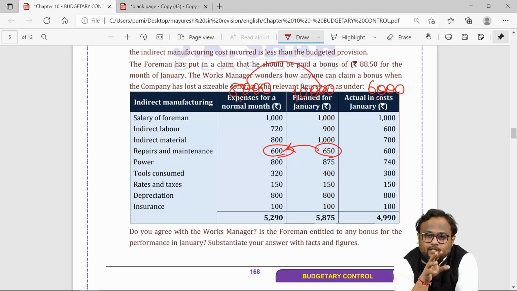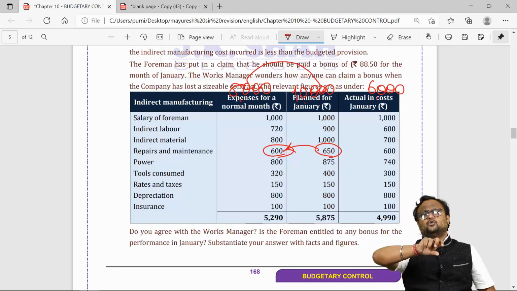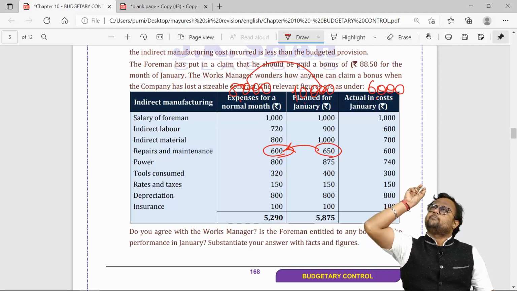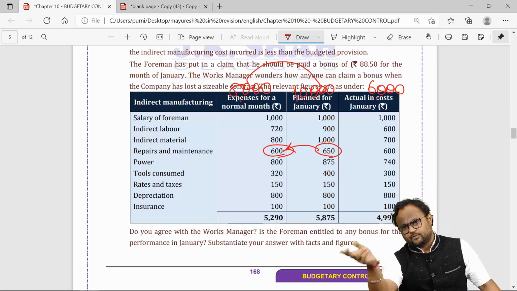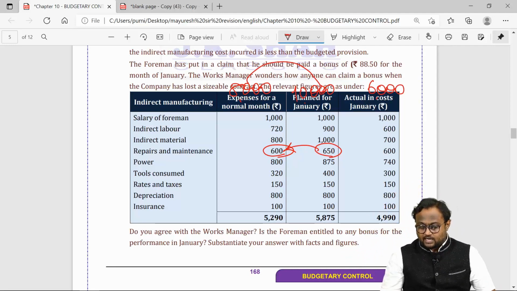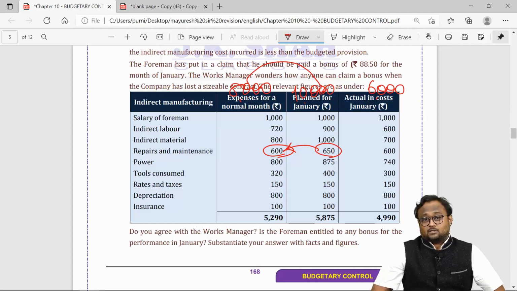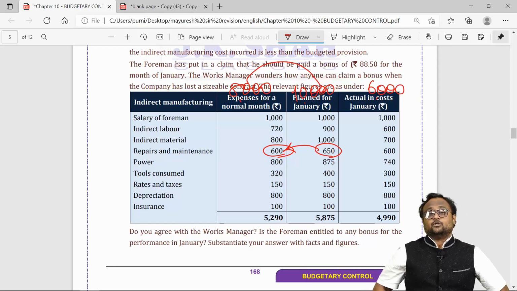For fixed cost, don't do anything, pick up the figure and write it down because there is no change. And for semi-variable cost, for the variable portion, you take the CPU multiplied by 6000 and fixed will be carried forward anyhow. And you will be able to get the difference. You will realize that there is no saving. In fact, there is an excess cost incurred. So there is no increment or bonus to be given to the foreman.